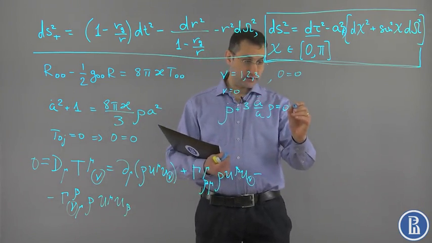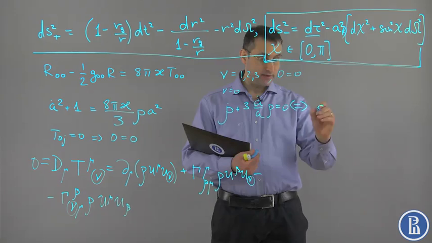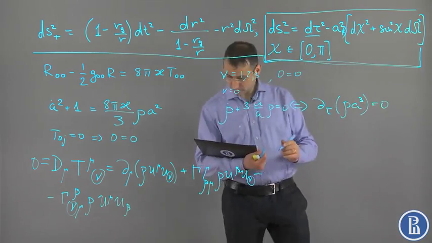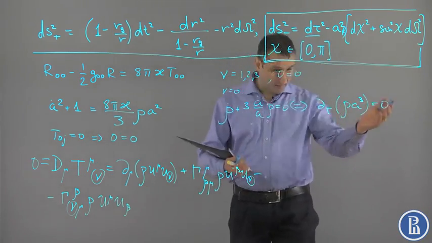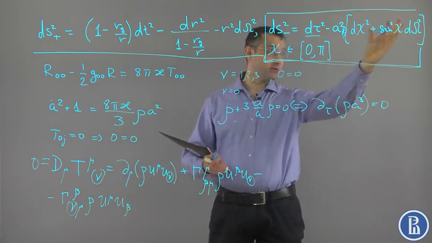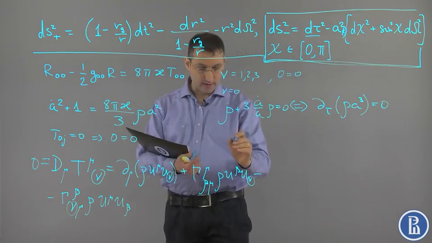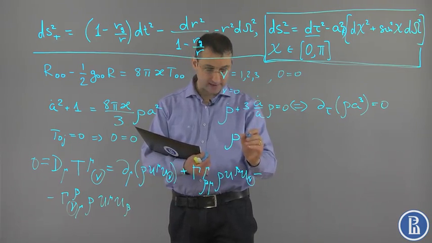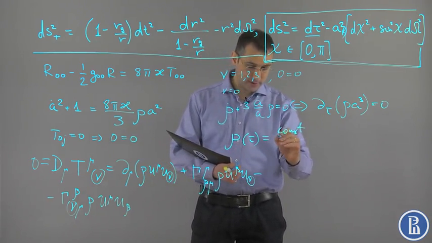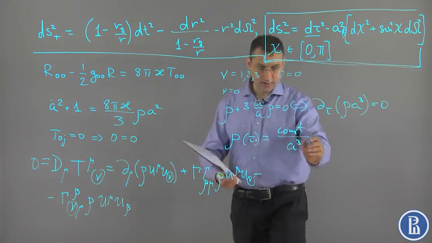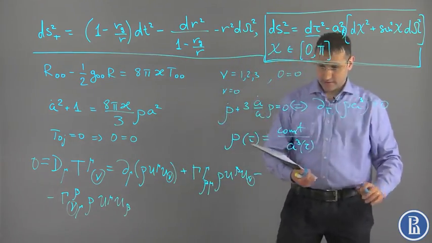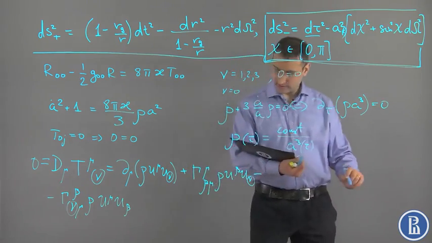As a result, this equation is equivalent to d tau of rho a cubed equal to 0. This is an obvious equation, which states that as a is shrinking, as the radius of the sphere is shrinking, the density of the dust inside this sphere behaves as a constant divided by a cubed. So as the volume decreases, the density is increasing.